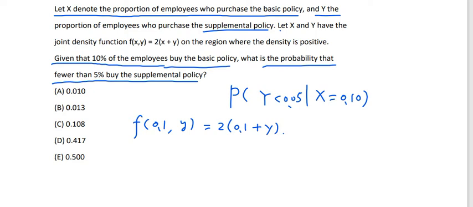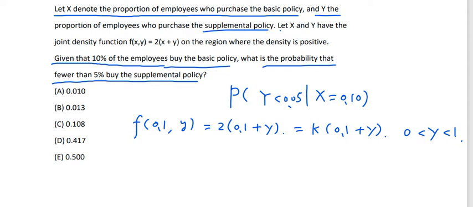But in order to make this a density function, the total integration should be 1, so maybe we need to adjust this. Let's say it equals k times 0.1 plus y. What is the range for y? Y is between 0 and 1.